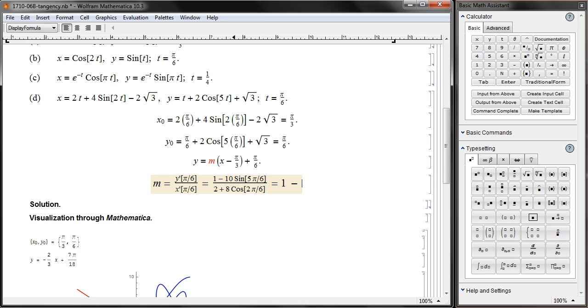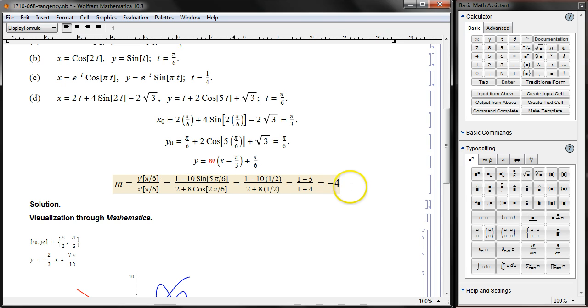So what do you get? 1 minus 10. And what is sine of 5 pi over 6? It's 1/2. Second quadrant, sine is positive, so no sign change. And what is cosine of 2 pi over 6, or pi over 3? That's 1/2. So we have 1 minus 5 over 1 plus 4.